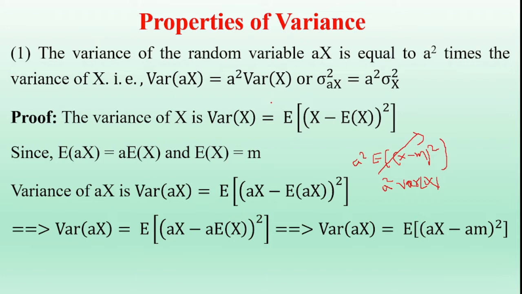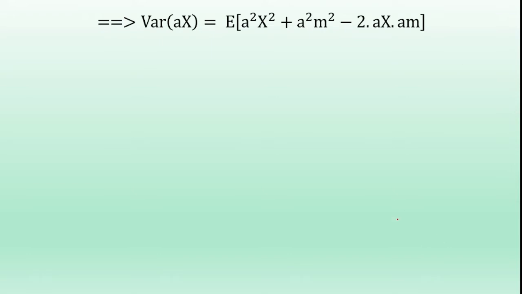Or otherwise, this RHS term we can also prove by first applying the (a minus b) whole square expansion, a square plus b square minus 2ab, and after that applying the expectation to each term, according to the property that expectation of a sum of random variables is equal to the sum of their individual expectations.